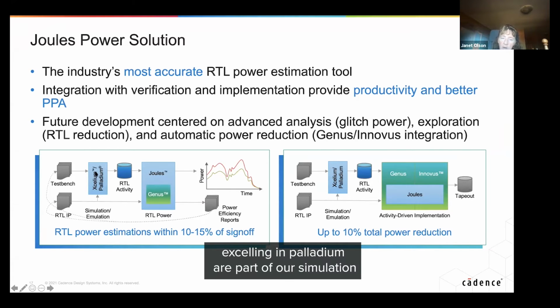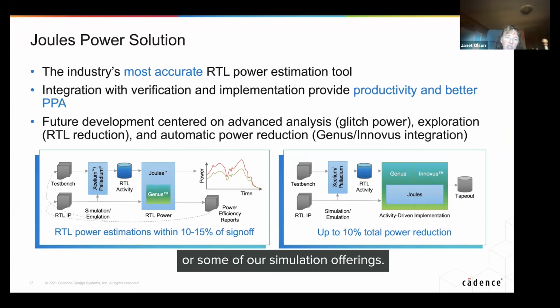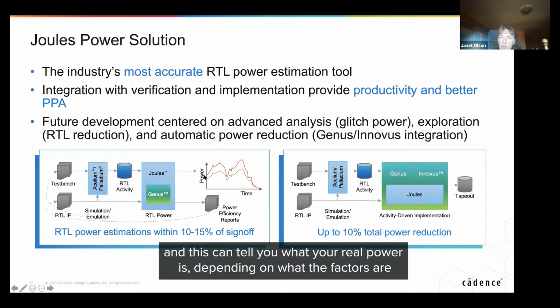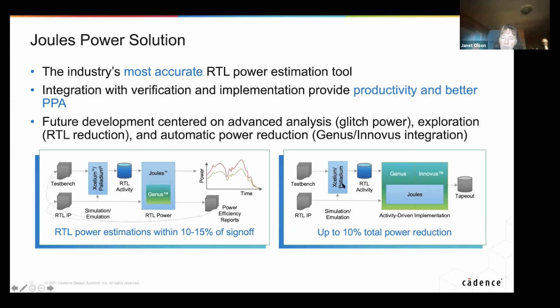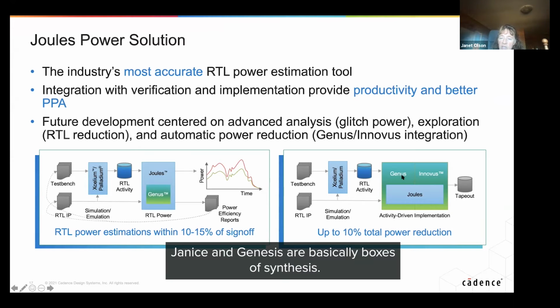Xcelium and Palladium are part of our simulation offerings. You can take test benches out, have them in a compressed way, and this can tell you what your real power is. Depending on what the vectors are that you use, that determines what your power is. So using these, especially since they're used within Joules, Genus, and Innovus.